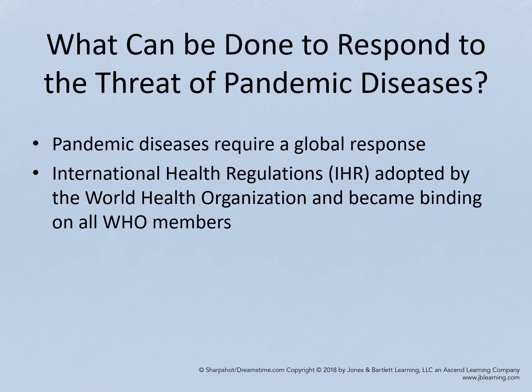Finally, what can be done to respond to a threat of pandemic diseases? Pandemic disease requires a global response, and the international health regulations adopted by the WHO are binding on all WHO members and are constantly updated based on each of the pandemics, such as influenza or anthrax attacks or SARS or hurricanes like Katrina or Rita, and further now COVID-19.